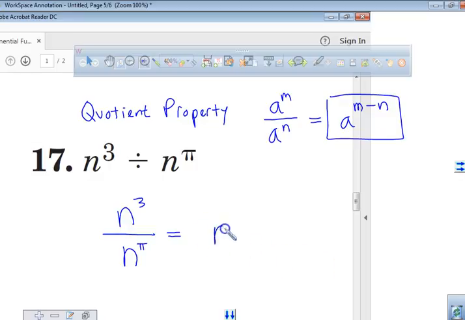So you just have to write it like this: n to the power of 3 minus pi. That's it. I don't want you to type this in the calculator and give me a decimal equivalent. It's going to be a negative point something. That'd be too much. So we're not going to put this in the calculator. By the way, if you tried to write the approximate value for this, you would spend the rest of your life doing it and never get it done.